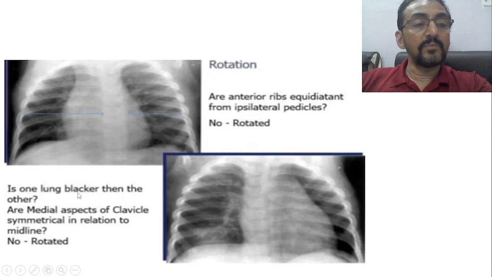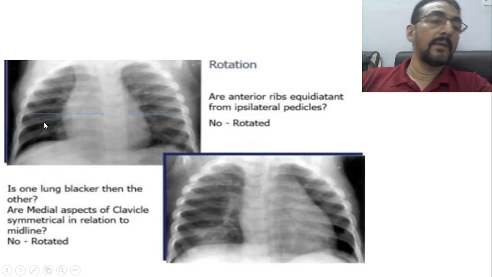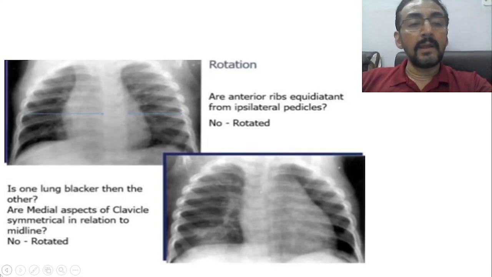Similarly, whether one lung is blacker than the other, you can see over here. This is comparatively equally black. And are the medial aspects of the clavicles symmetrical? Look at the second picture. The spines are visible over here.